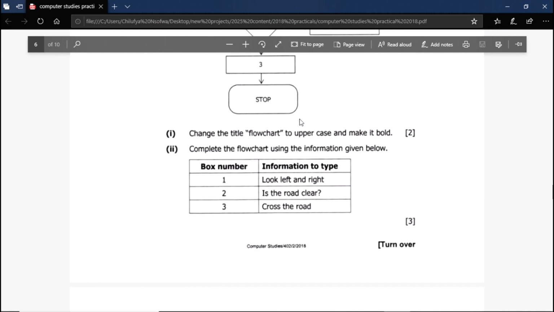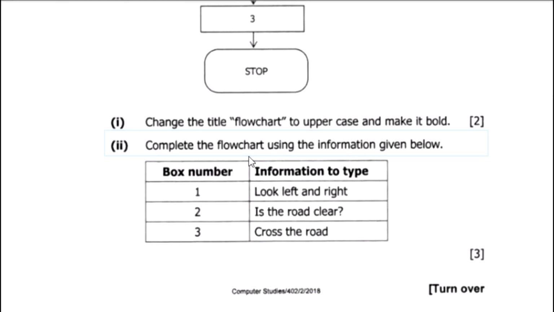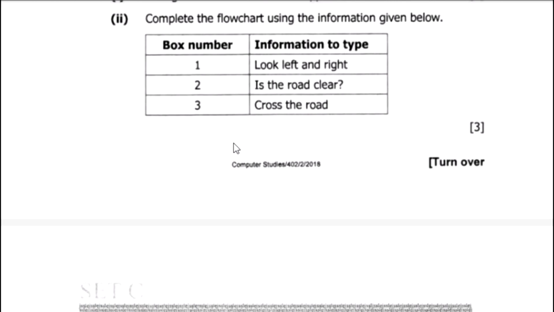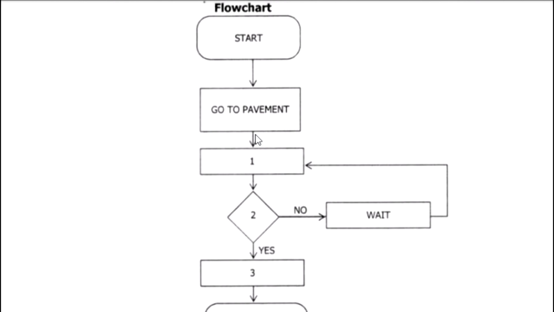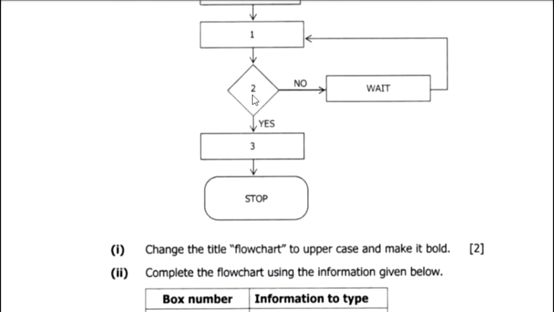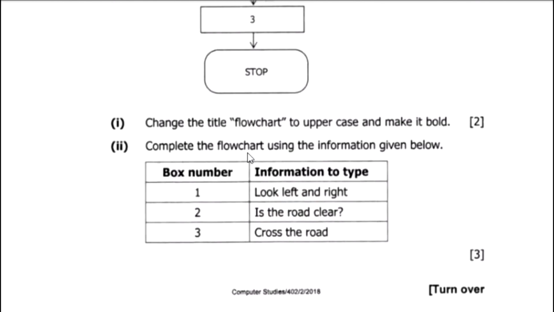What's the next requirement? The next requirement is to complete the flow chart using the information given below. So these are the numbers assigned to these shapes. This rectangle here is 1, then this diamond is 2, then this other rectangle is 3. So that's what they are referring to when they say box number 1, number 2, and number 3.